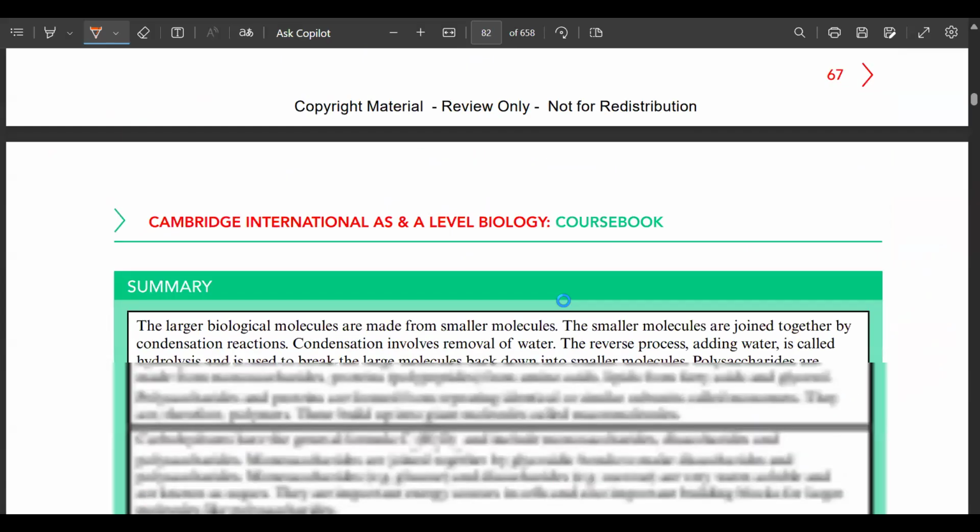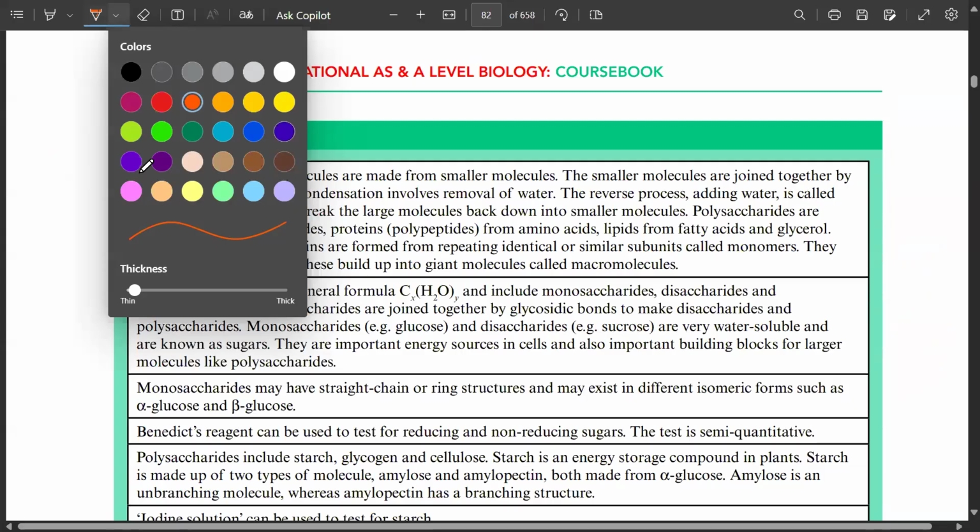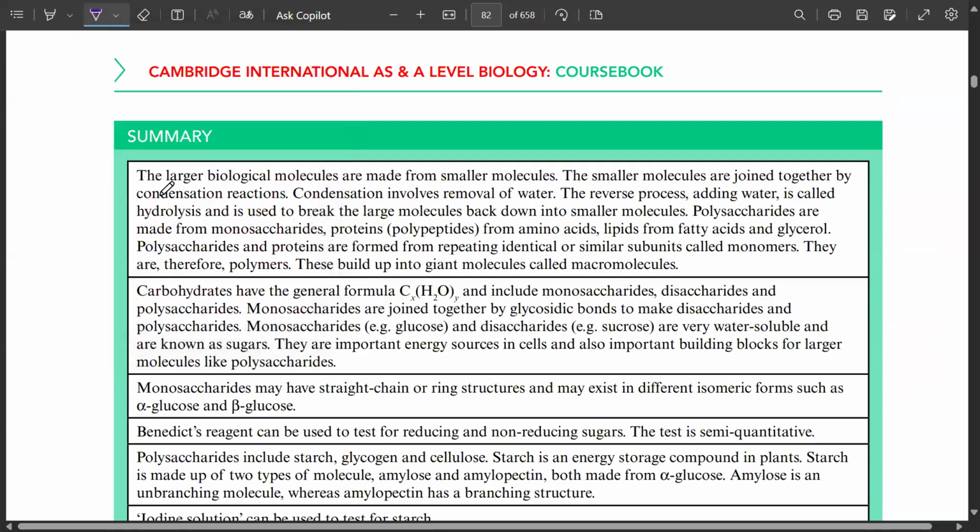If we look at the summary regarding the first two parts, if we talk about the carbohydrates and lipids, remember, number one, the larger biological molecules are made from smaller molecules. These larger biological molecules can also be said as polymers, which are made up of their monomers.